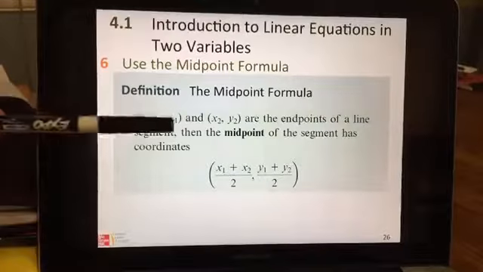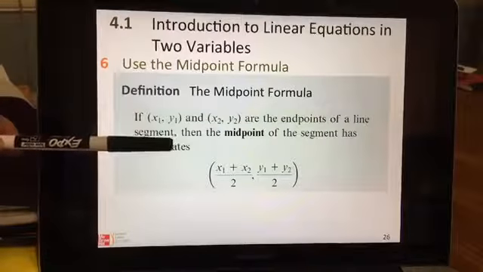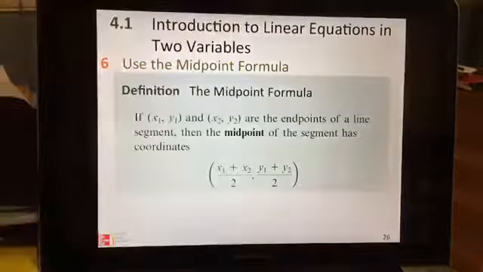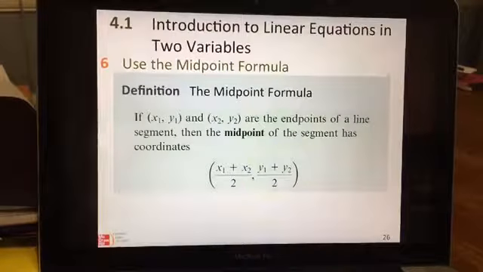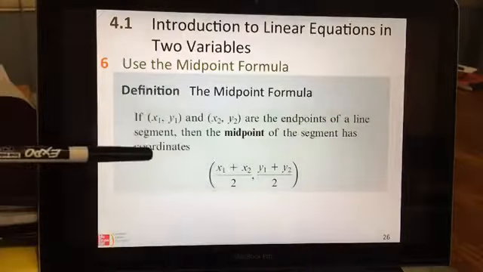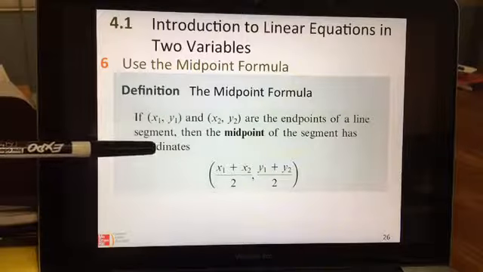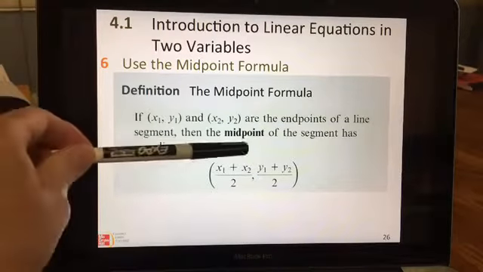Now notice, they said segment, not a line. A line does not have endpoints. A line never ends. It goes on forever and ever in both directions. But a line segment ends, and a line segment would have a midpoint.